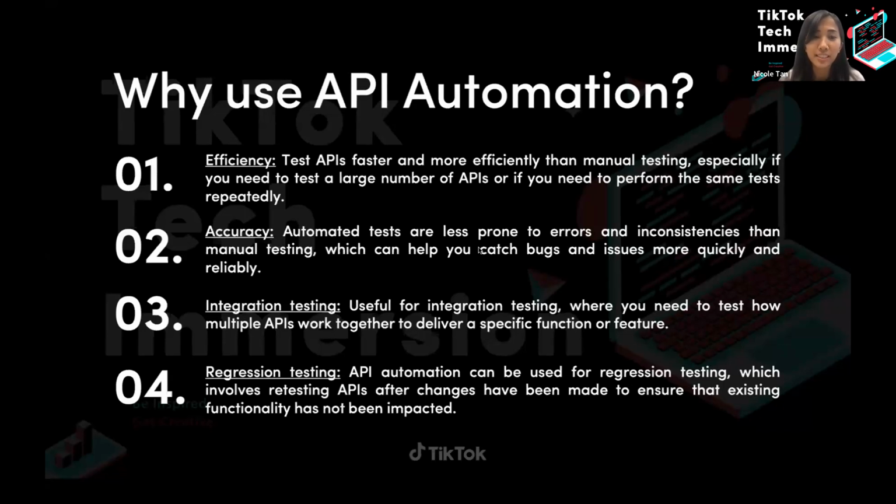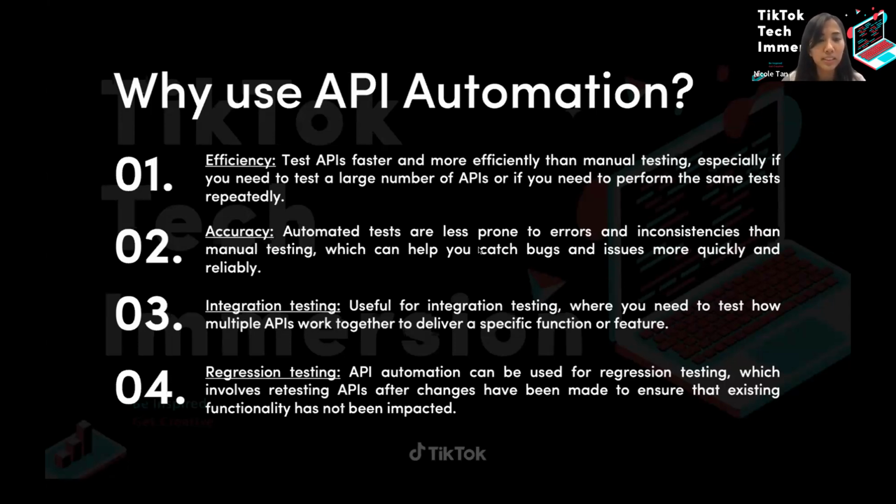Then we have accuracy. This one is more of a general benefit. Automated tests are less prone to errors compared to manual testing. So it can help us catch bugs and issues quickly, consistently, reliably.